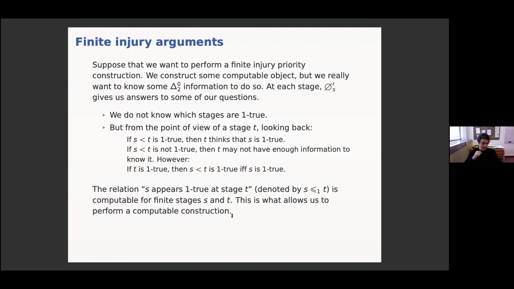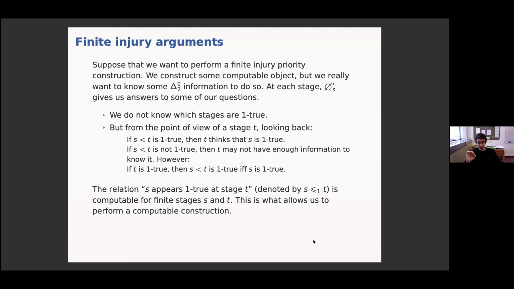So what makes this style of construction work is that this relation, S appears one true at stage T, which was denoted by Antonio like this, is a computable relation for finite stages S and T. And so at every stage T, I look back at the construction that I've done so far. Each stage relied on some set of assumptions.